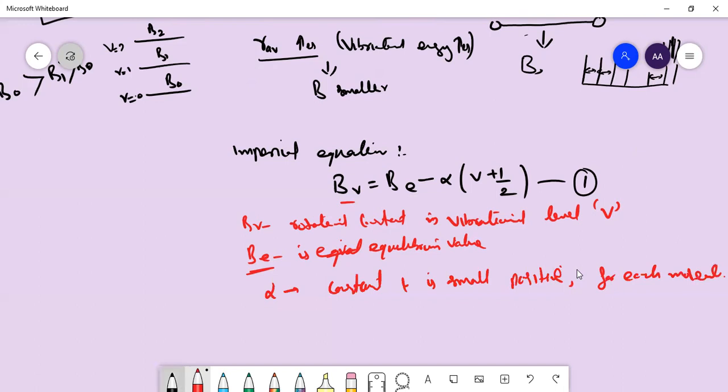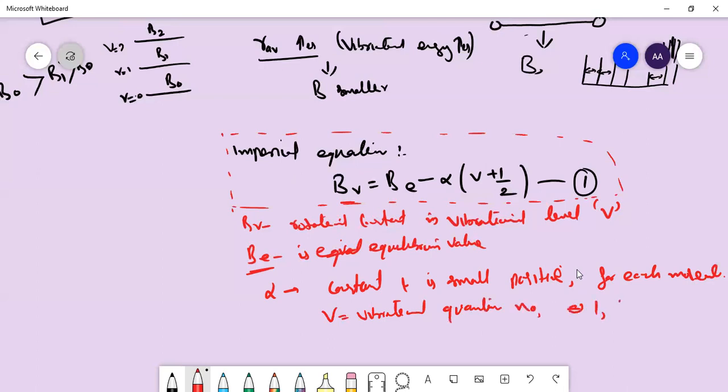So the behavior of the rotational constant with the vibrational energy can be written as B_V is equal to B_e minus alpha (V plus 1/2), where V is the vibrational quantum number, and the value can be 0, 1, 2, 3, 4, and so on.